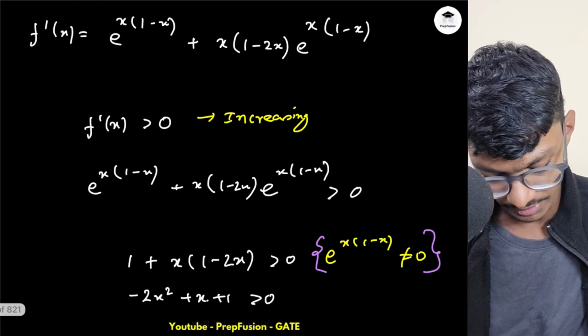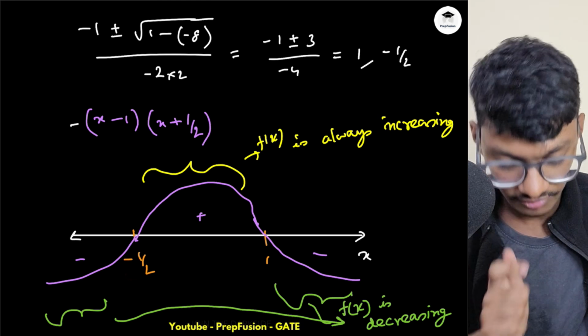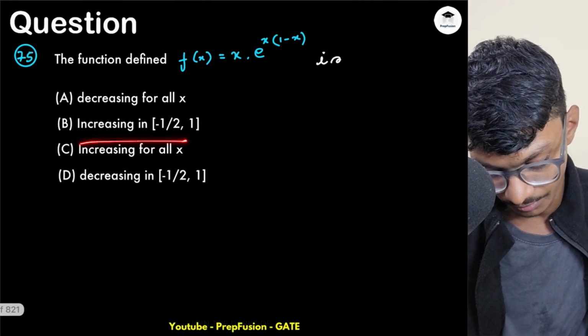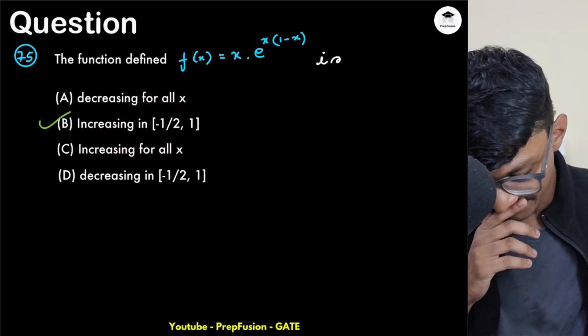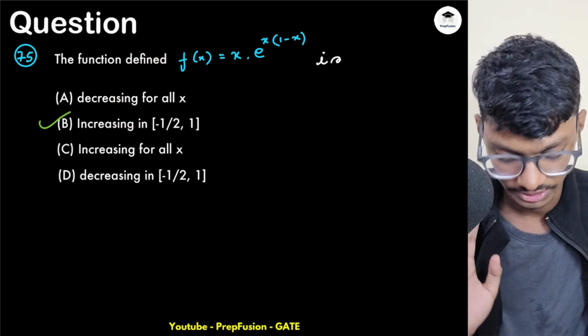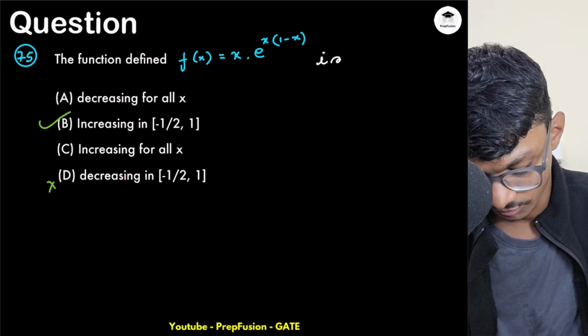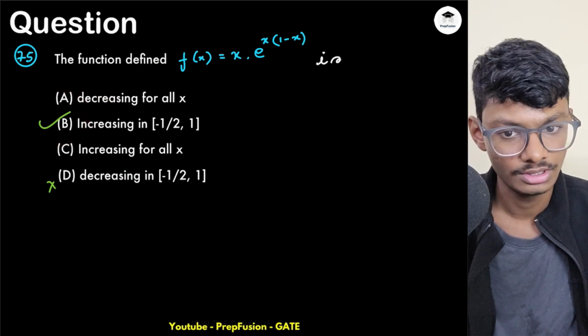Only this part will affect my sign, so I'm only interested in this. So for x belonging to minus half to 1, this function is always increasing. So B will be my answer. Then increasing for all x, decreasing for all x, no, incorrect. Decreasing in minus half to 1, no, this is again wrong. This is anyways an MCQ question, so only this option B will be my correct answer.